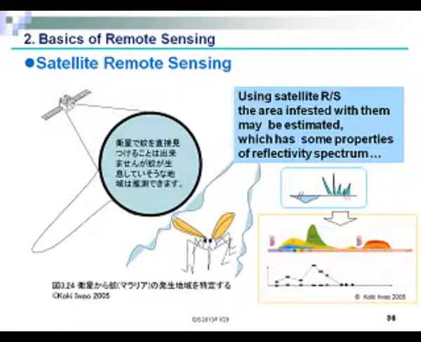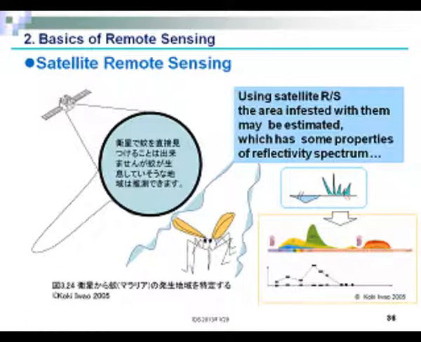And finally, we will use this colored map or index data. We can generate a kind of land cover mapping. This is almost a final product of remote sensing. Using this material, GIS analysis can be used.